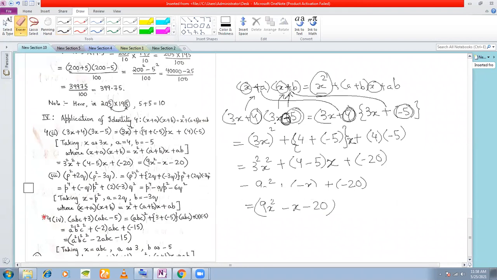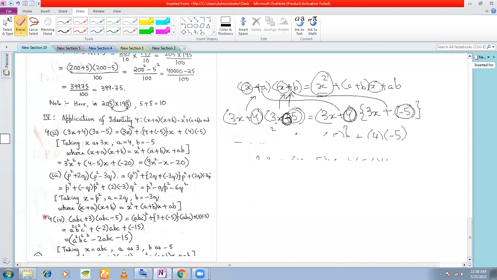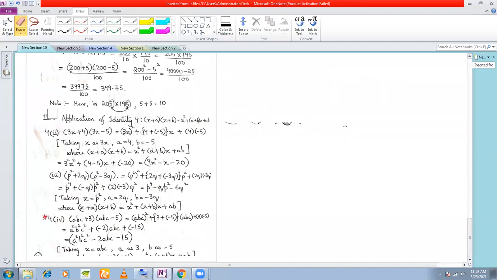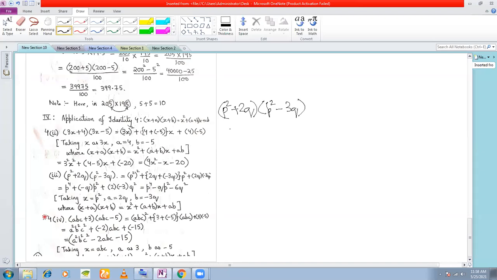Okay. Look at the second one. Second one here is p square plus 2q into p square minus 3q, right? So you see that x here is the same. Let me write this identity here. x plus a into x plus b is equal to x square plus a plus b x plus ab.